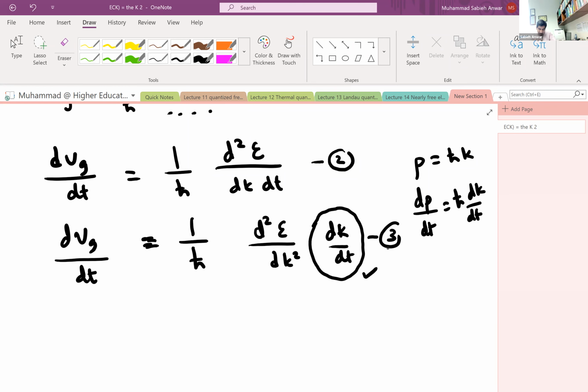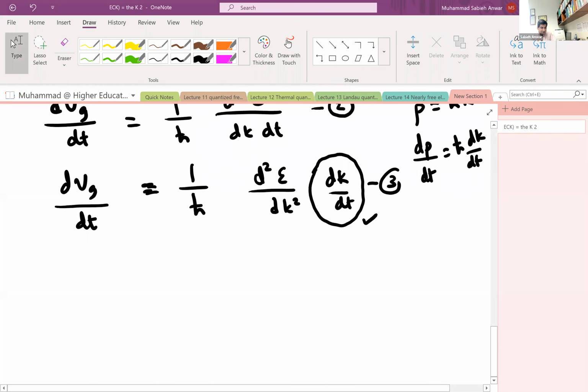Anyway, so now what we would like to do is find out the following. If an electron sees an electric field E, now this capital E is an electric field, I multiply this with the charge on an electron. This gives me the force on the electron.